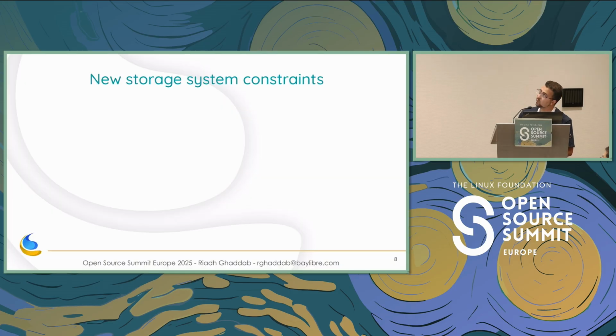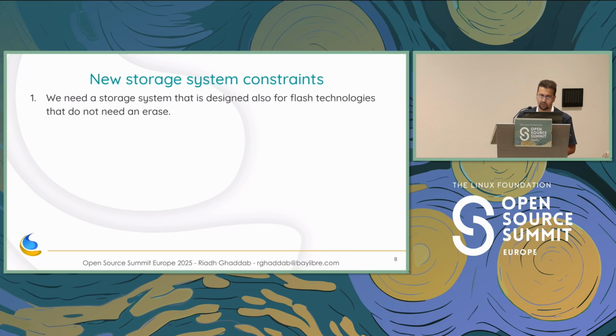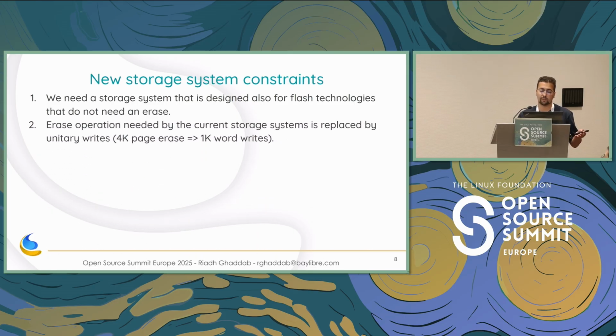So why did we design a new storage system? First of all, like I said, we need to design a storage system that is compatible with all types of Flash technologies, not only the classical Flash, but also the new ones like RRAM and MRAM. One of the problems is the erase. For classical Flash devices, they are erased in a page, so it's one operation for 4K of memory.